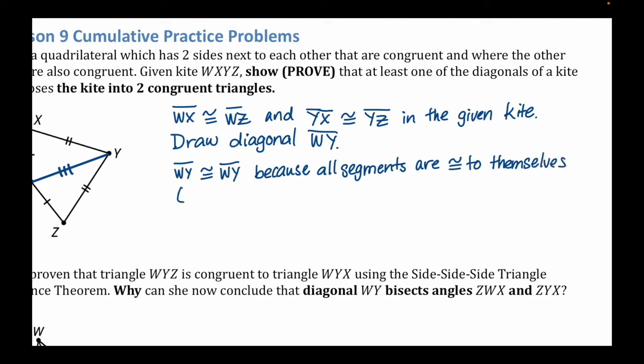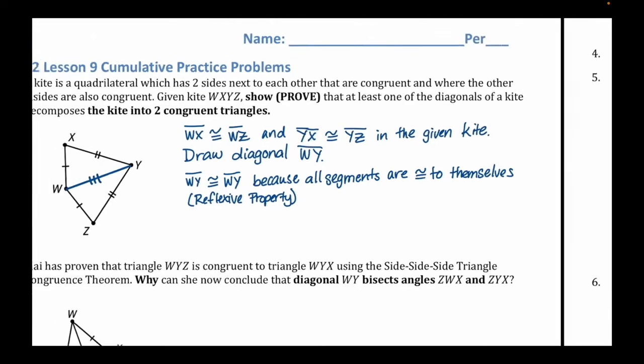This is the reflexive property, by the way. Not reflective, so it's not like reflection. It's reflexive with an X instead of the CT. So the reflexive property is basically how we can say that a segment is congruent to itself without having to write the whole sentence out.